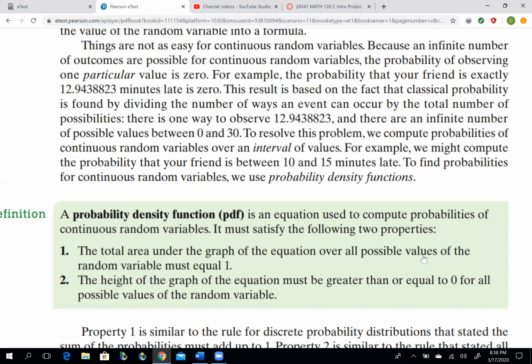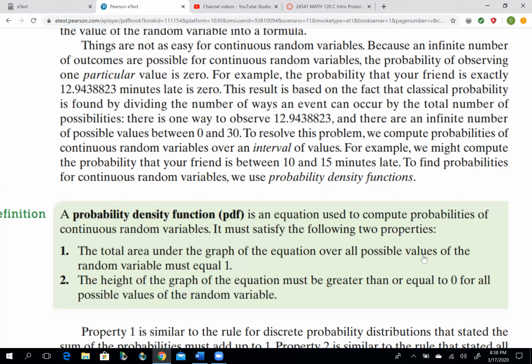So the area must be equal to 1. Two, the height of the graph of the equation must be greater than or equal to 0 for all possible values of the random variable.